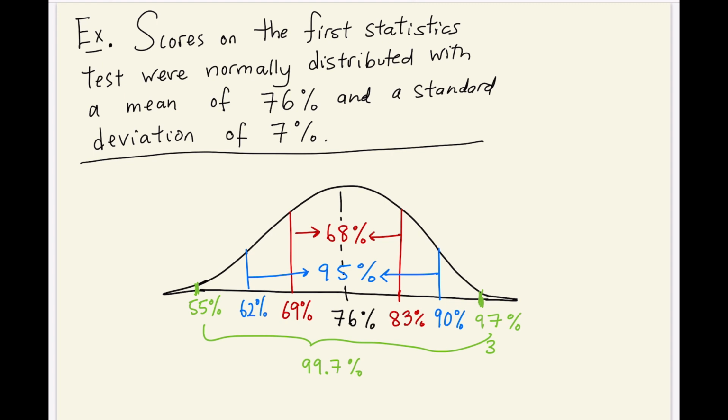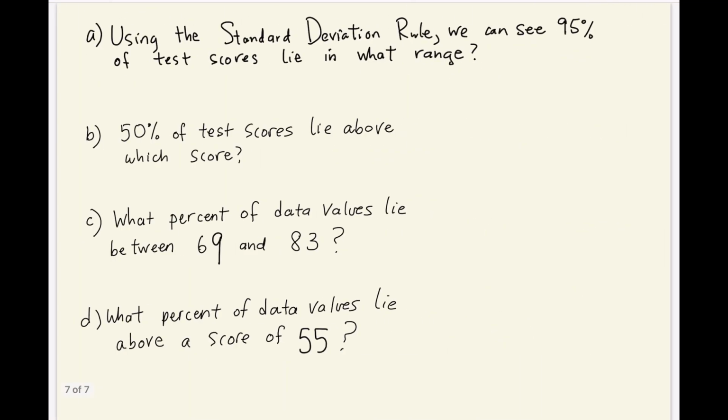We can use the empirical rule to answer basic questions about normal distributions. So let's take a look at some questions. The first question says, use these standard deviation rules. We can see that 95% of the test scores lie within what range? Well, using the standard deviation rule, we know that 95% corresponds to two standard deviations.